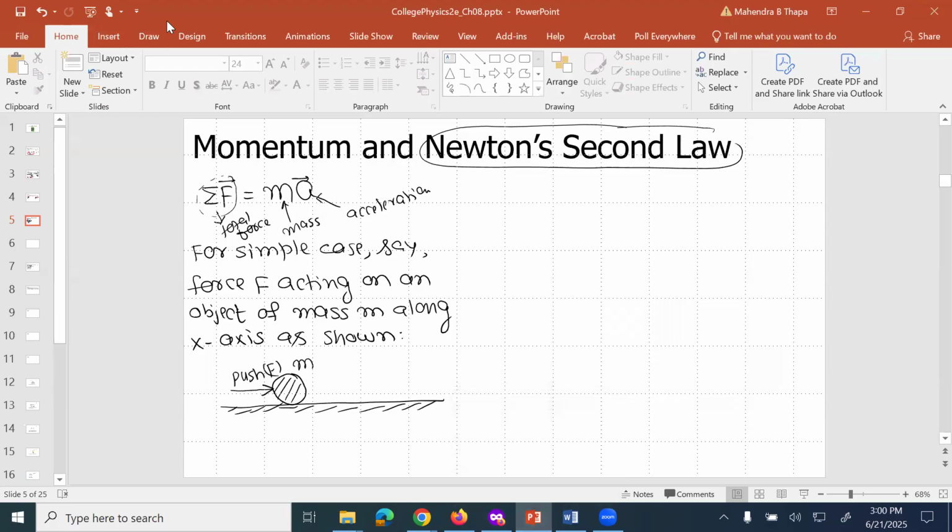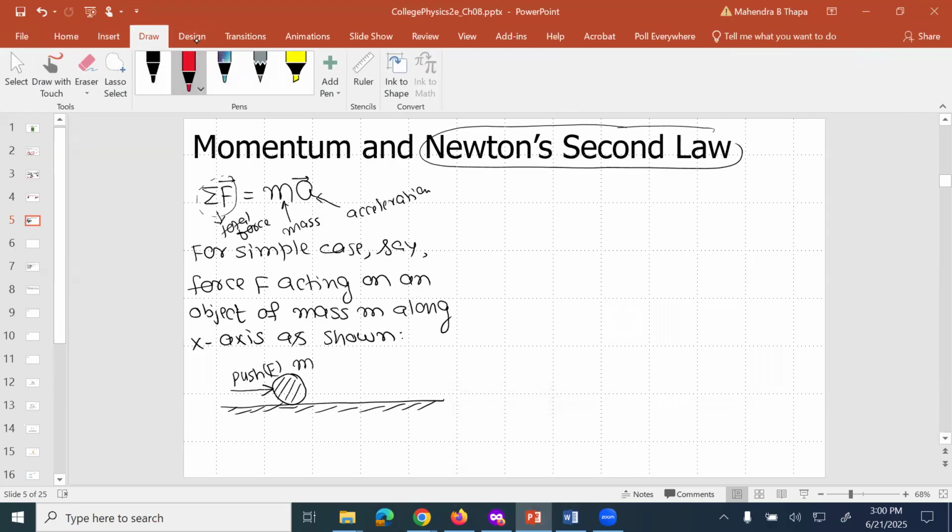Say at this point, it has an initial velocity Vi. Because of this push force, it will move forward, and after some time it will be here. So this final velocity is Vf.